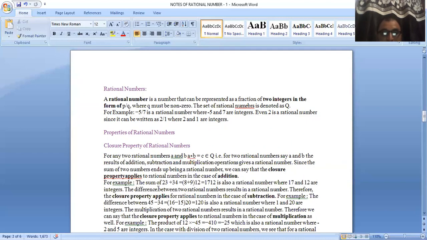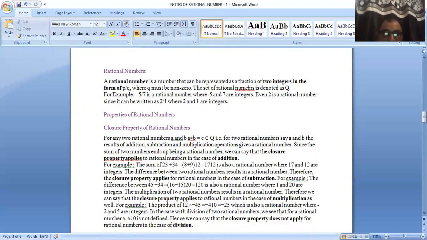For example, the sum of 2/3 plus 3/4, you can see the example. Okay, now the difference between two rational numbers results in a rational number, therefore the closure property applies for rational numbers in the case of subtraction also.